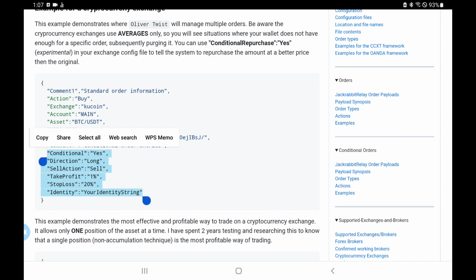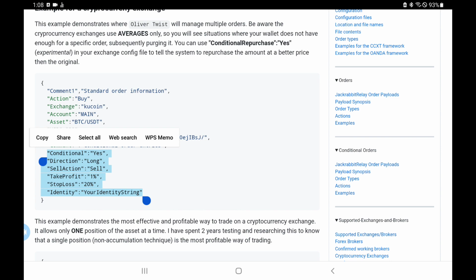Because Relay doesn't know or understand what direction you want the order to go in, you must explicitly tell it through the direction item that this is going to be a long order or a short order. And you tell it through a sell action how it will dispose of this particular position. Will it sell only this position, or will it close out the entire position at one time?